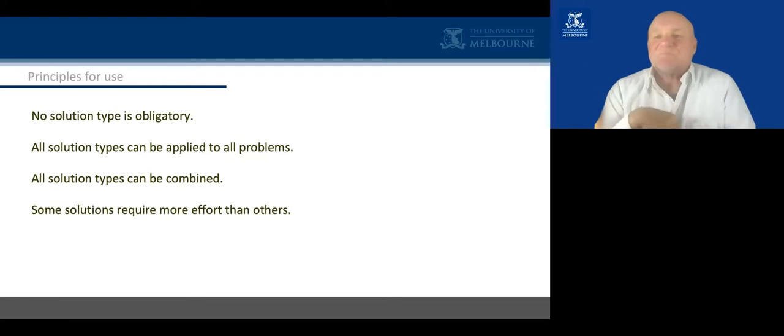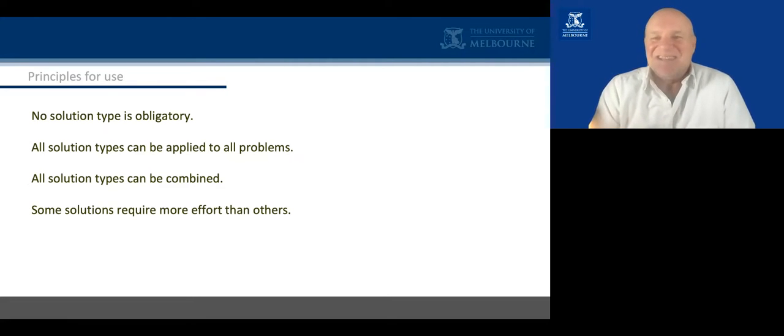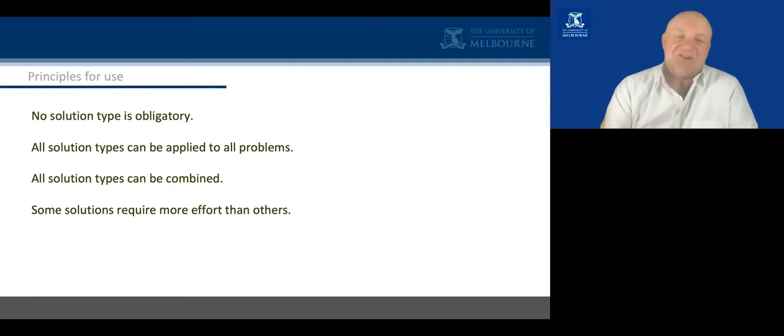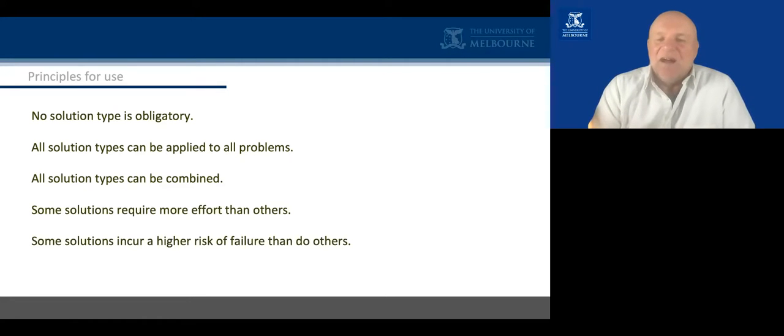However, when you're working professionally, you might want to privilege the solution types that require least effort. So if you can get away with a loan word, that's much easier. Requires less effort than putting in a full explanation. Okay. And some solution types at the same time incur a higher risk of error, a higher risk of misleading people.